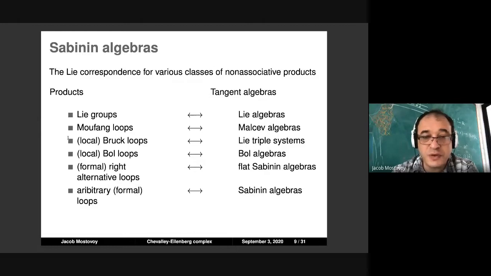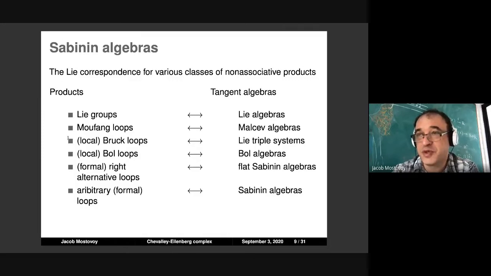But anyway, what I want to say is that we cannot really expect a general Sabinin algebra to be of much help to study an arbitrary formal or local loop. I say formal here because Sabinin algebras, since they have an infinite number of operations, you have questions of convergence there. It's quite complicated. But anyway, an arbitrary non-associative product really involves no restrictions.